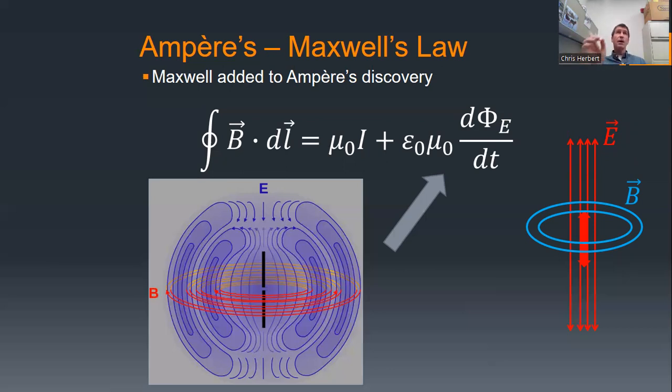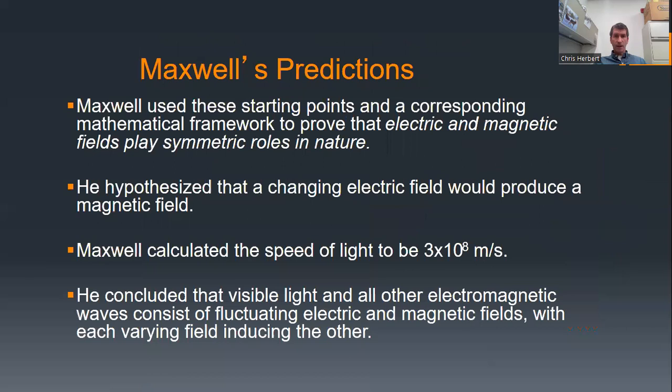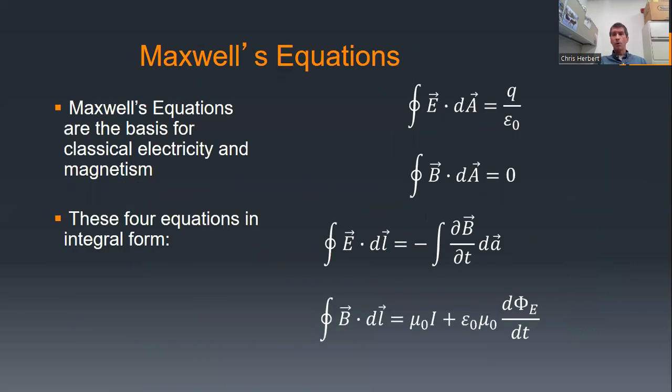Faraday's law of induction, that we can induce an electric field from a changing magnetic field, and Ampere-Maxwell's law, which says we can induce a magnetic field from a changing electric field. All these laws are finally put together by Maxwell, and they're basically Maxwell's 4 equations.